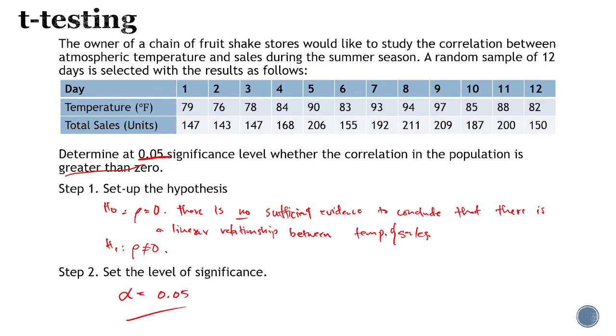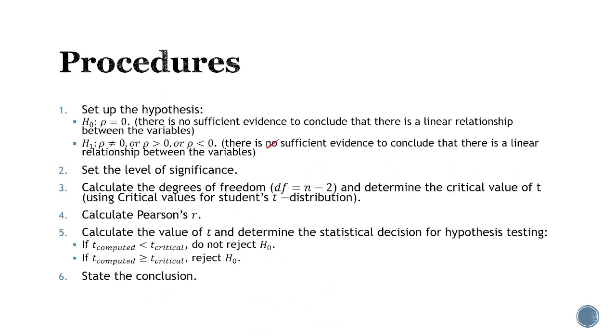So, yun nga, kailangan nating sundin yung procedure na to: set up yung hypothesis, set the level of significance, calculate DF, then determine critical value of T, calculate Pearson R, calculate the value of T, and determine the statistical decision for hypothesis testing, which is this one, and we need to state the conclusion.